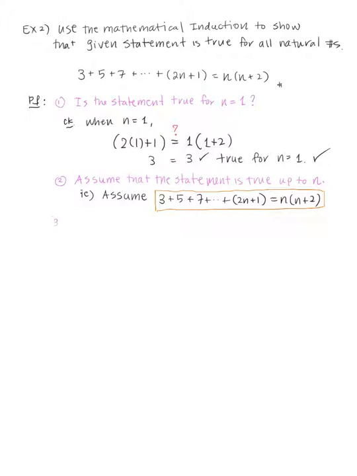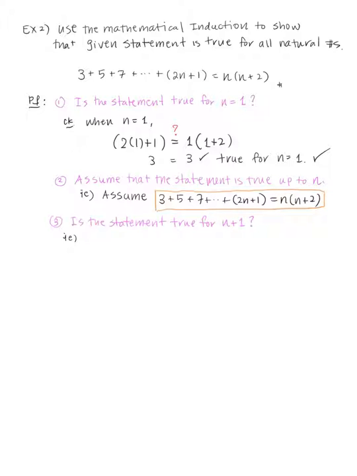Alright, now the third step. Is the statement true for n plus 1? And we got some work to do. So let's first write down what we need to show.